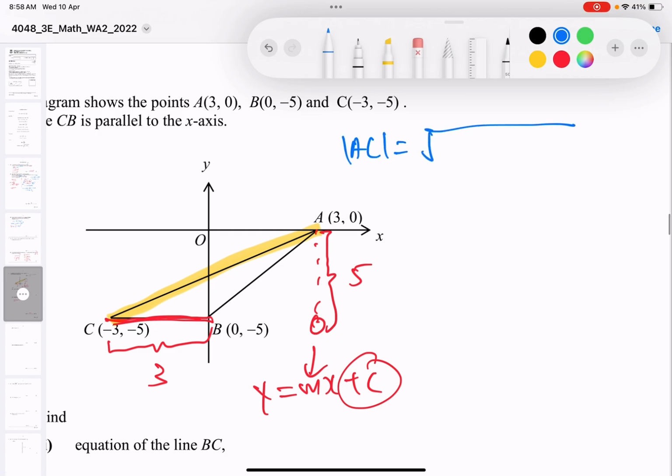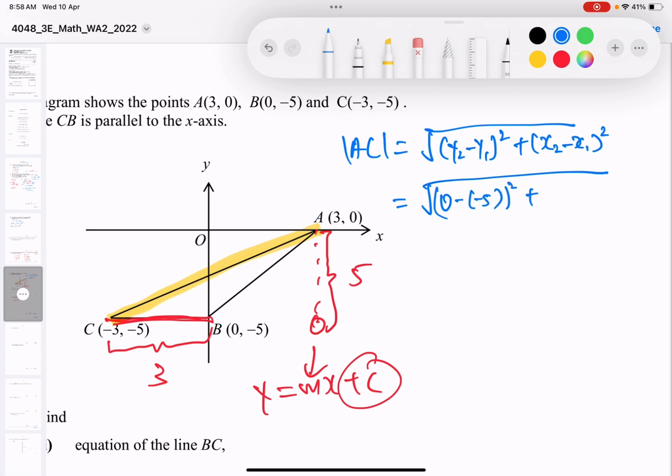is just going to apply the formula: y2 minus y1 squared plus x2 minus x1 squared. So just apply it. Let's substitute in 0 minus -5, the whole thing squared, plus my x2, which is 3, minus -3, whole thing squared.